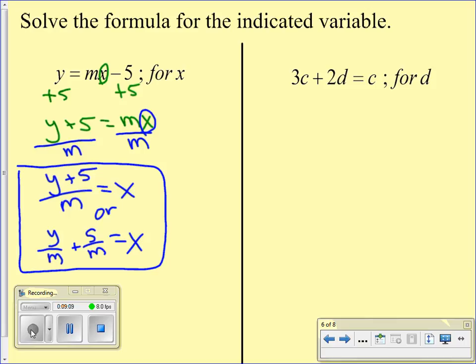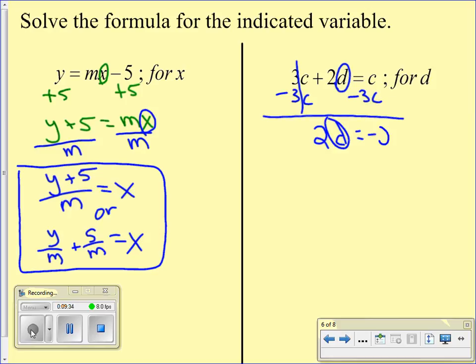Next example, 3c plus 2d equals c. I need to solve for d. What I notice about this one is I have c's on both sides. So whenever I move the 3c over, using subtraction, 2d is going to equal, well, c minus 3c is negative 2c.